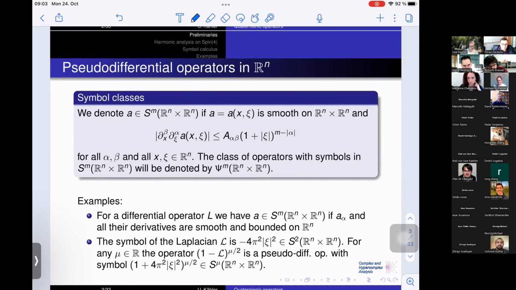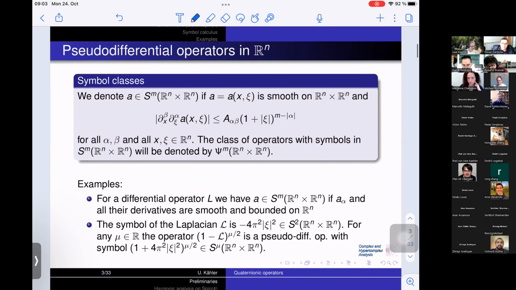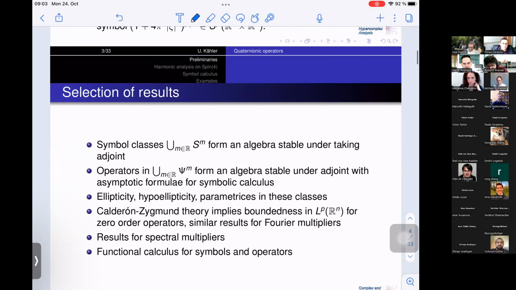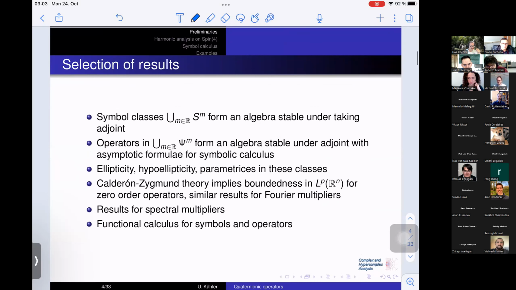So I don't want to spend too much time on that, because the more interesting part for you will probably come a little bit later. There's also a selection of results. In fact, as you can see from the papers, if you have the basic calculus, there's a kind of machinery with it, and there are a lot of results you can generate from that. A lot of cases were studied in the literature, especially by your group, but also by other persons.